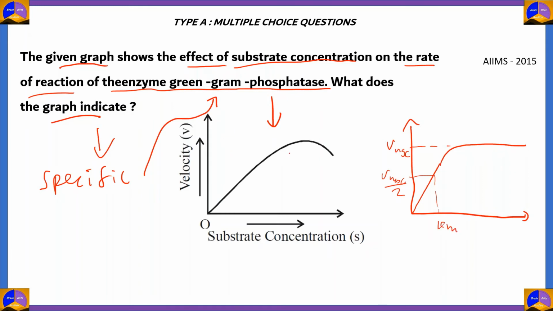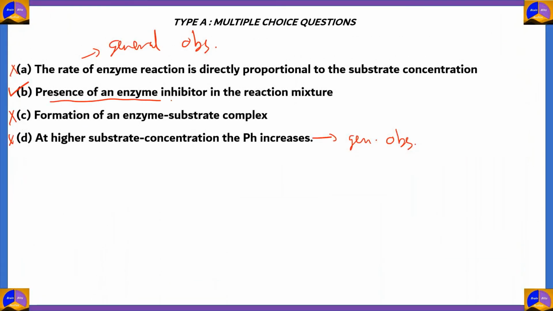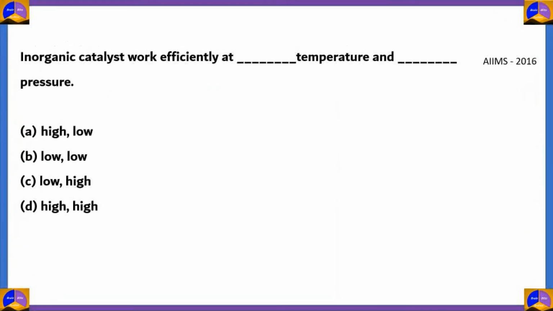But over here, you find that this graph never reaches a constant state. It starts to decrease. And when does the velocity decrease? Velocity decreases when there is an inhibitor present. So that is something that's unique to this graph. So therefore, we find that option B, presence of an enzyme inhibitor in the reaction mixture, is the right answer.